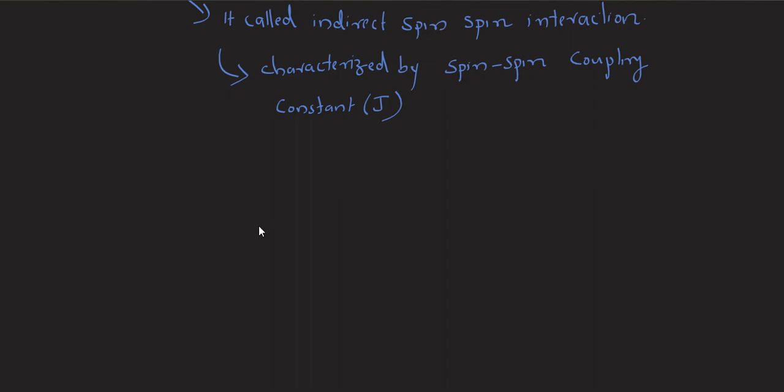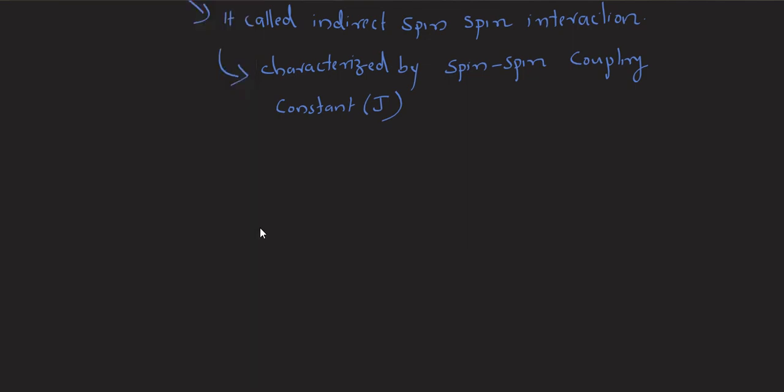So it is not a direct interaction, it is an indirect interaction. So it is called indirect spin interaction. And due to the indirect spin interaction, we will see that the peaks are splitting up, and it is characterized by a spin coupling constant J.